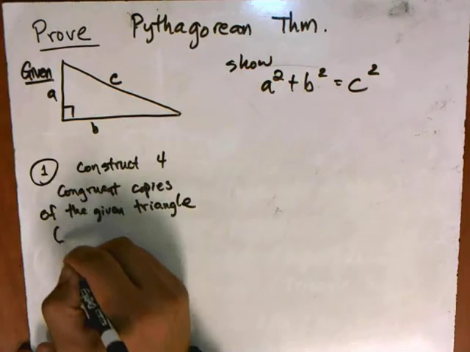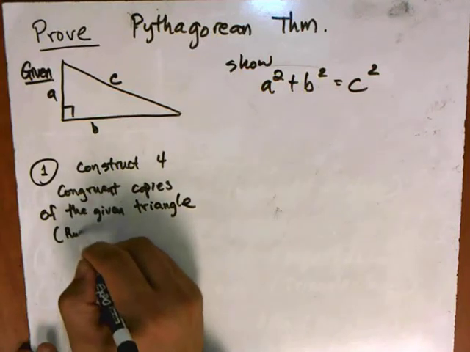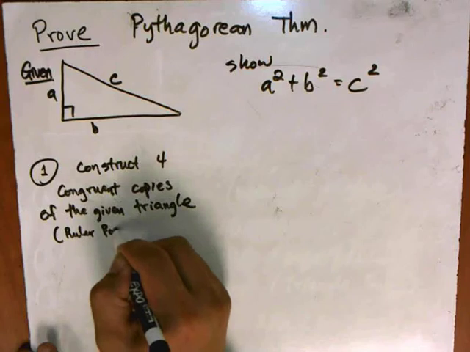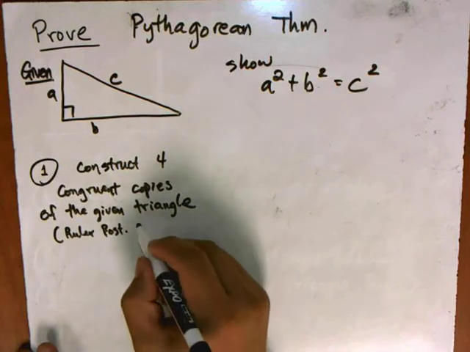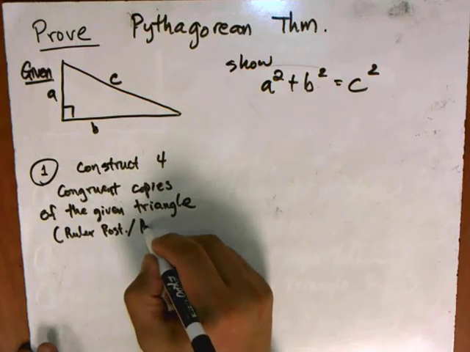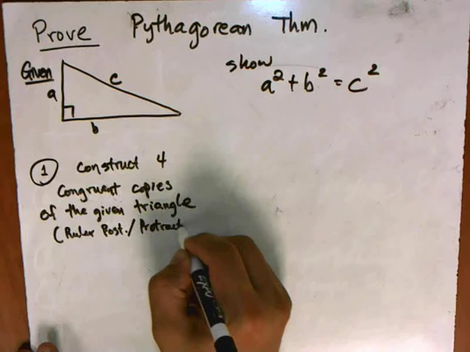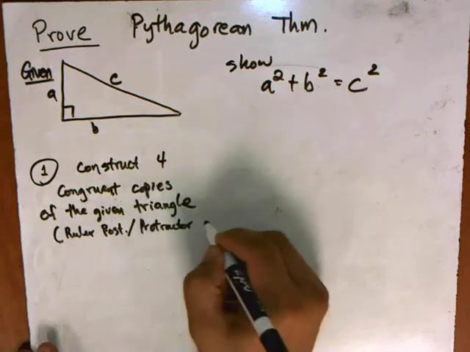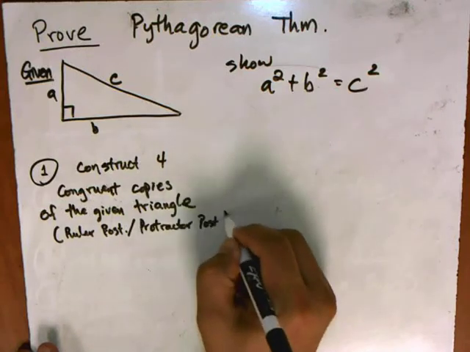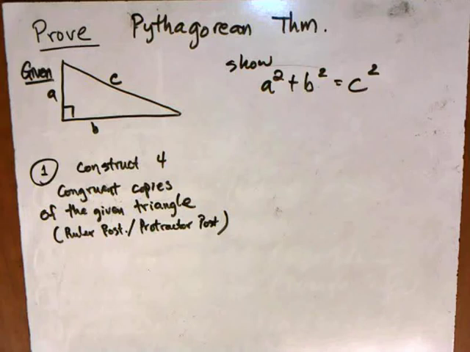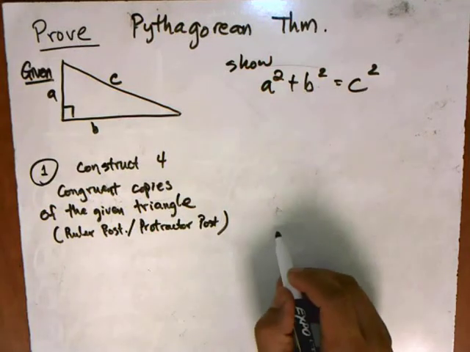And the reason that we can do this is the ruler postulate and the protractor postulate, which says that I can construct any length that I'm given and any angle that I'm given. So I'm going to construct four congruent copies, and I'm going to align them in this manner.